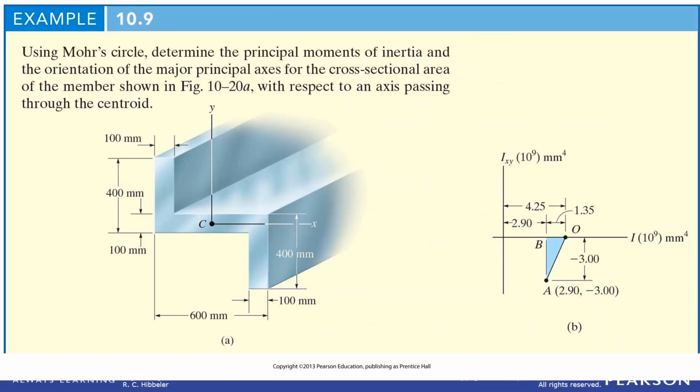Now we're going to do this a little differently. We're going to look at the Mohr circle. How do we find the Mohr circle? Well, this is Ixy. Here's the origin, which is Ix plus Iy over 2. Here is Ixy. Take that back.